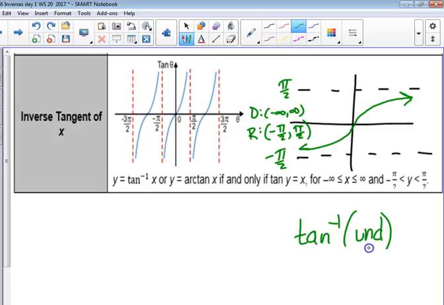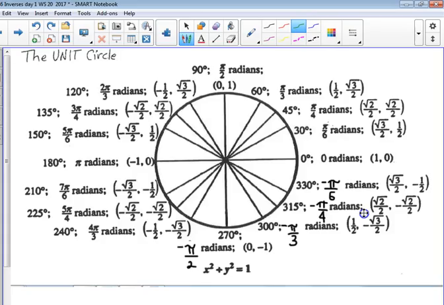We know the tangent is undefined certain places, but their inverse tangent, where is it undefined? If you look on your unit circle and you put y over x, it's undefined at pi over 2 and negative pi over 2, and these are not included as possible answers here. So we got to go to the unit circle here.